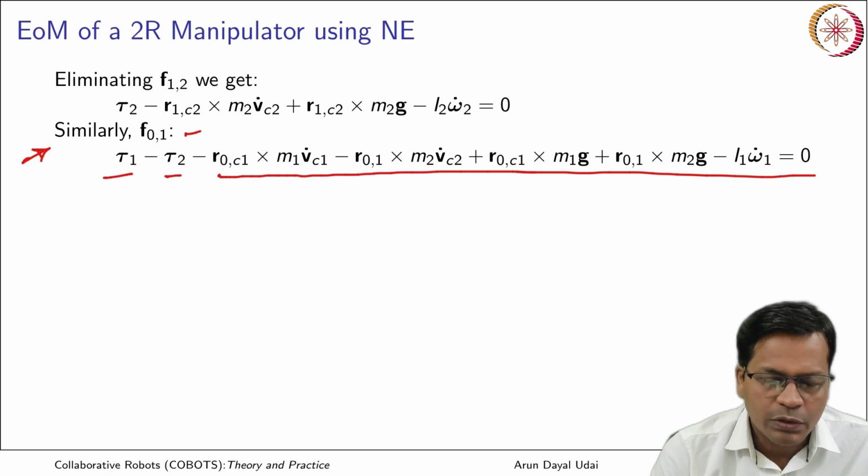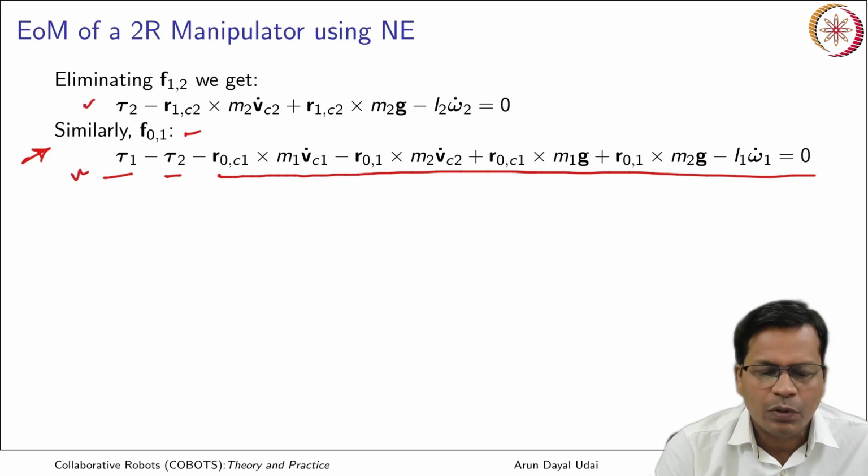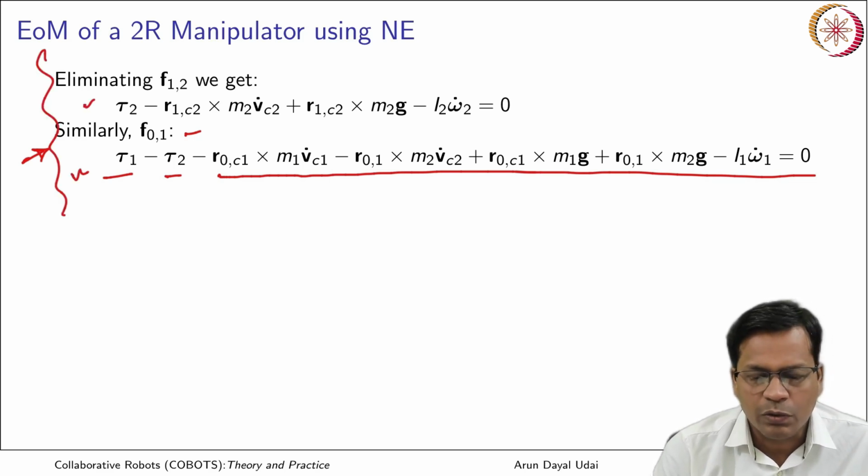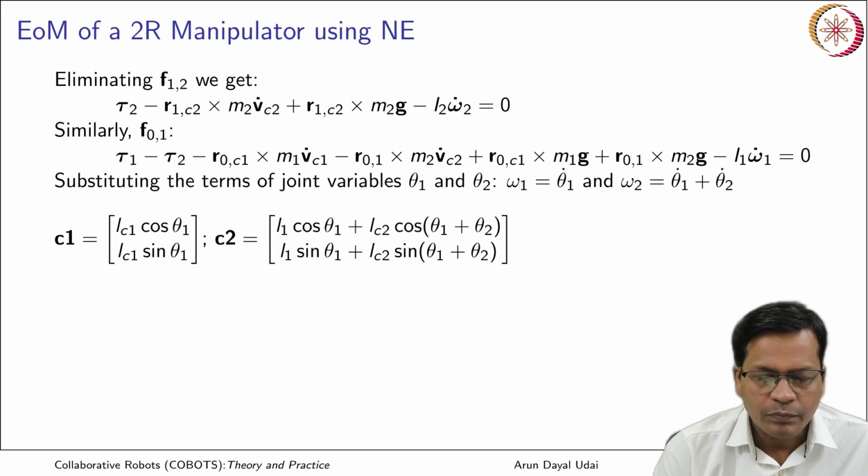So, both tau 1 and tau 2 can now be solved using these two equations, and now I can also obtain C1, the mass center location of the first link, and C2, the mass center location of the second link. This is quite trivial, that is, in frame 1, these are in frame 1. Okay.